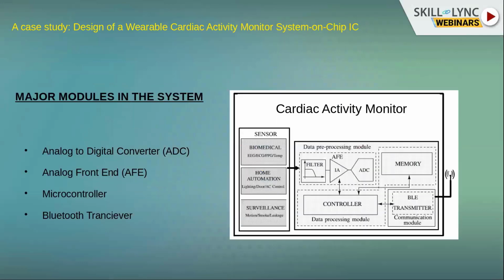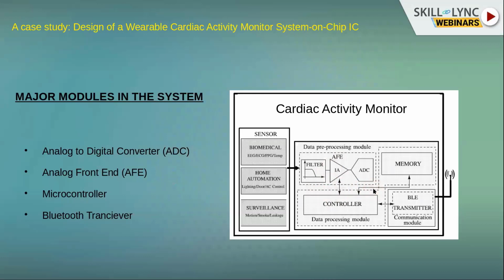In this way, we can see that the overall power consumption can be reduced, and we have brought some kind of intelligence to the system so that it is power aware. Let's see some numbers to get the feel. We have the ADC, the AFE, which is the analog front end, a controller, and a Bluetooth transceiver.